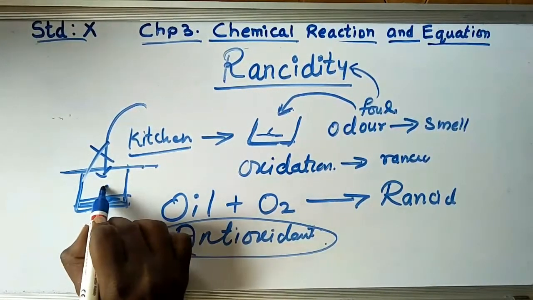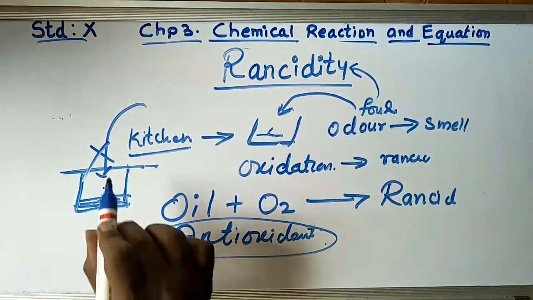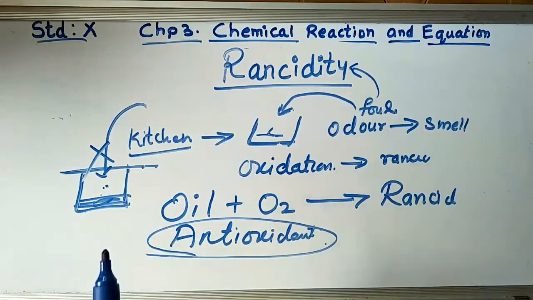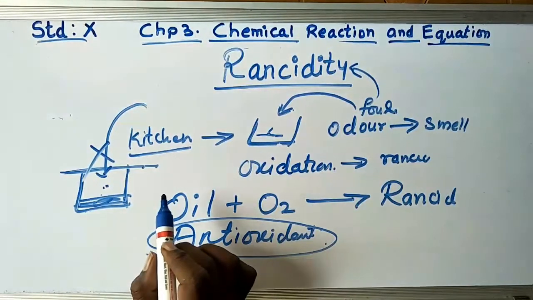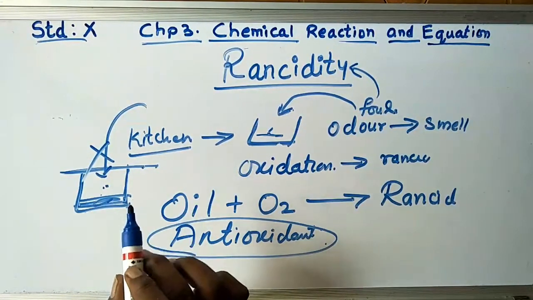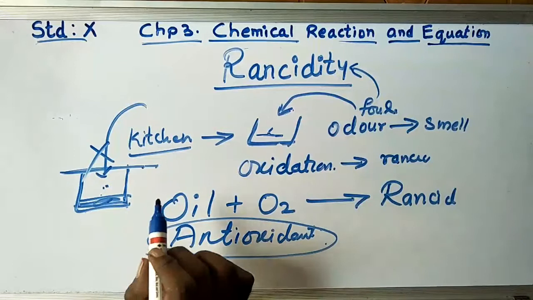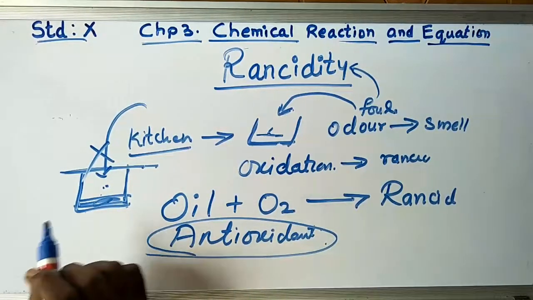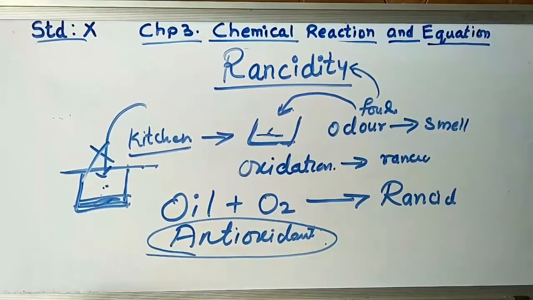So the oil will be safe. You should not keep the oil open and allow oxygen to mix with it, or else it will become rancid. That means a foul odor will come from the oil. There is a change in the smell. We call this rancidity.